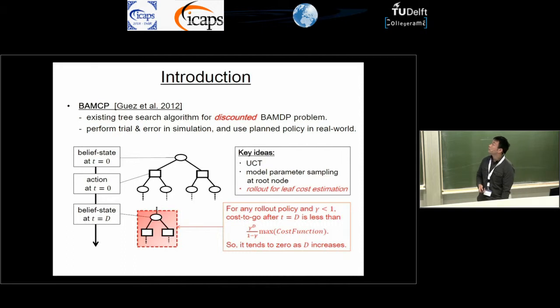The key ideas here are UCT, model parameter sampling at the root node, and rollout for leaf cost estimation. The last idea depends on the fact that for any rollout policy and gamma less than 1, cost-to-go after t equal d is less than this equation. So it tends to 0 as d increases.